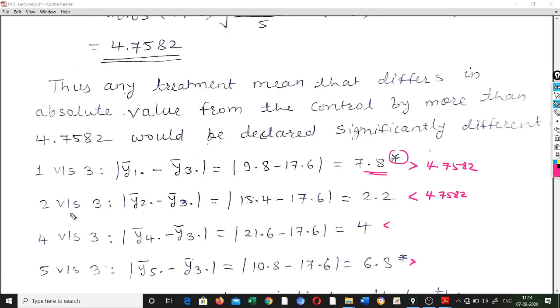So we had considered all other treatments with the control treatment, and wherever there is a star, the corresponding pair of means are significantly different. Means in this case mu1 is not equal to mu3, but mu2 is equal to mu3, mu4 is equal to mu3, but mu5 is not equal to mu3. These are our last conclusions.